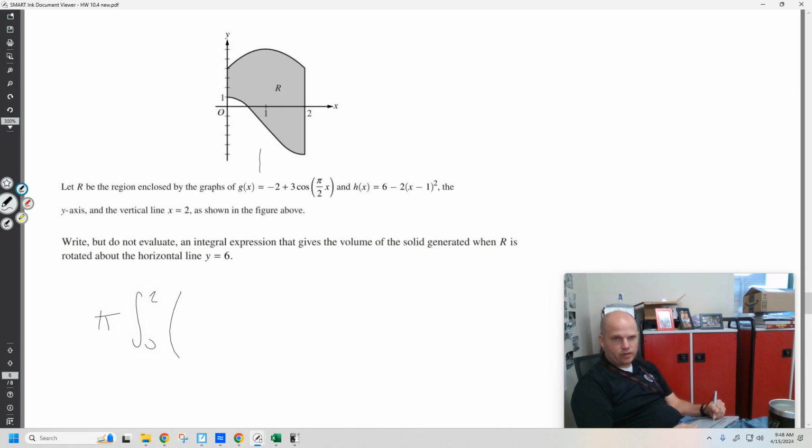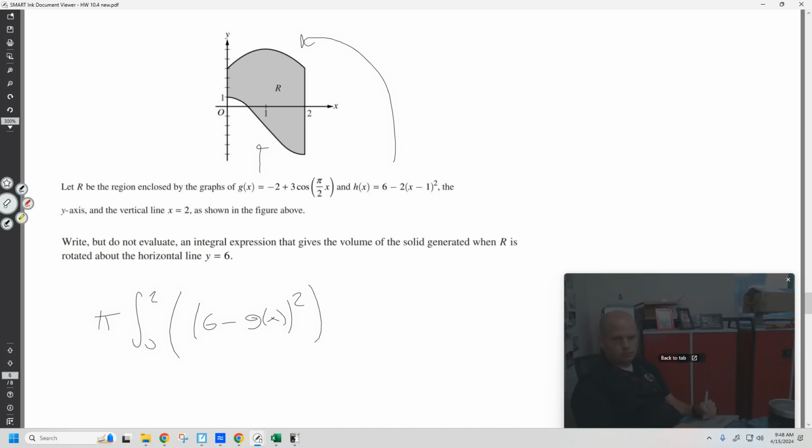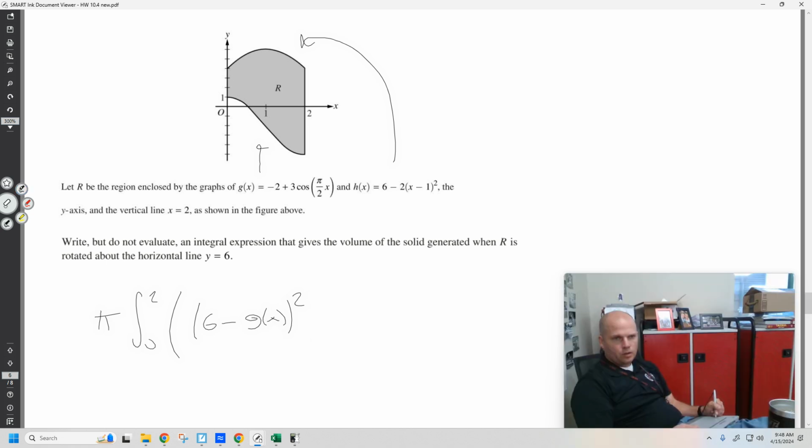This is the cosine graph. That's the h of x. Those are my outer radiuses. These are my inner radiuses. Skinny x distance.